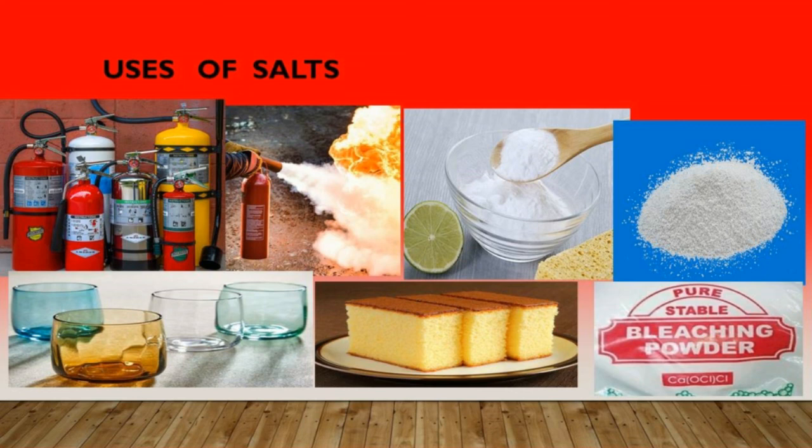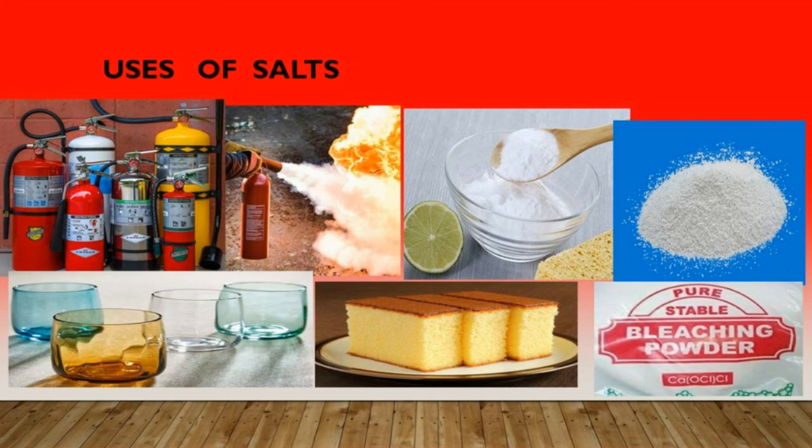Bleaching powder, calcium oxychloride, CaOCl2. It is used as a disinfectant and also in the textile industry for bleaching cotton and linen.